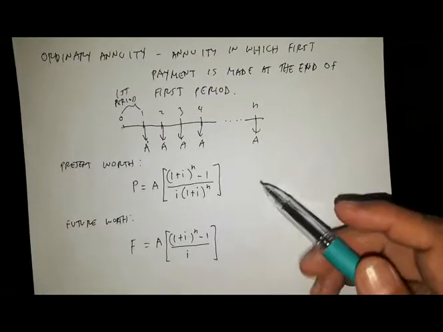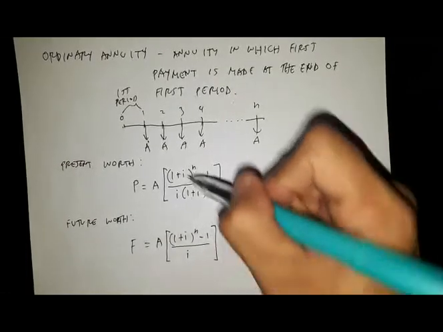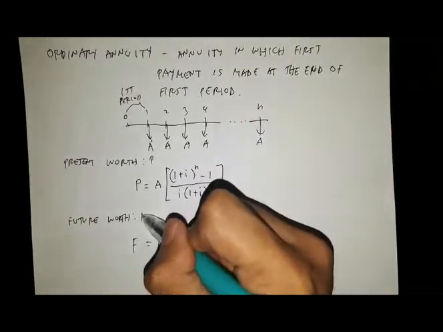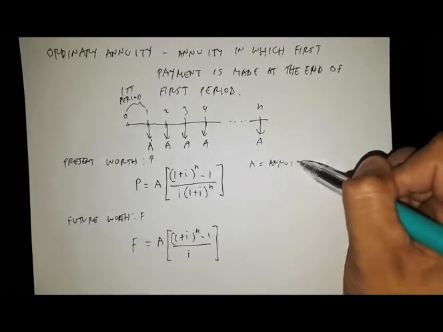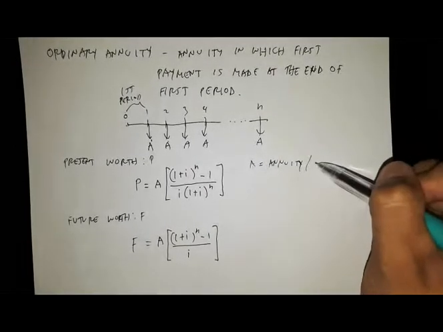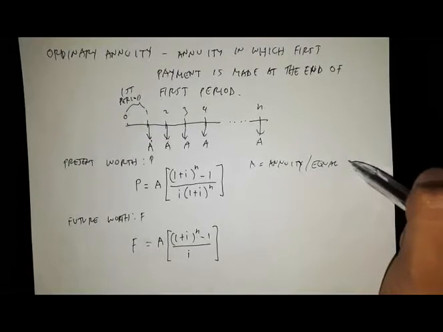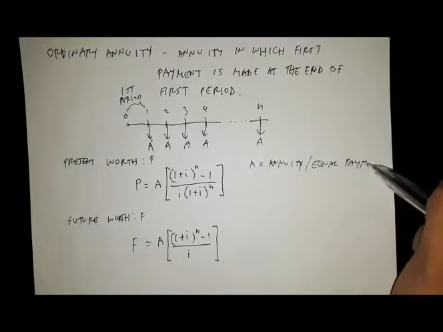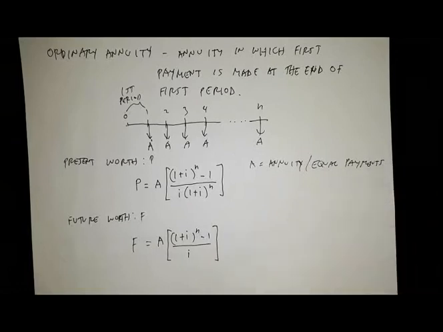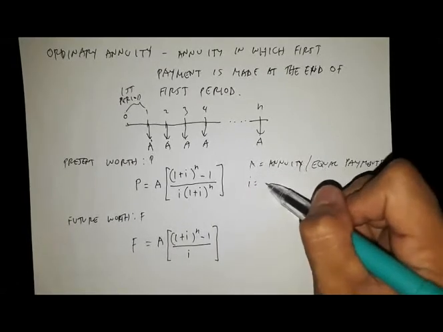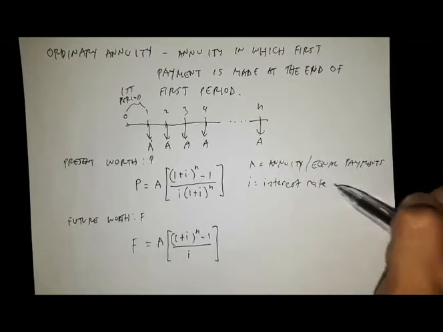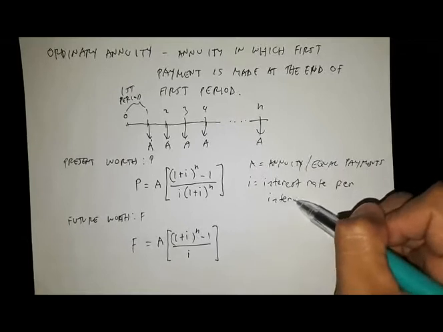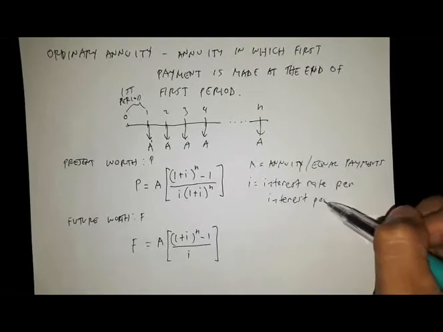So what are those elements? Present worth is P, future worth is F, A is the annuity or the equal payments, and i is the interest rate per interest period.